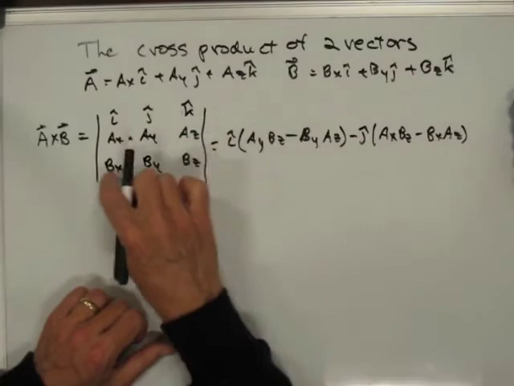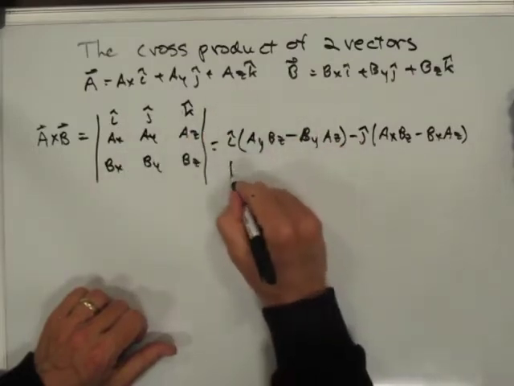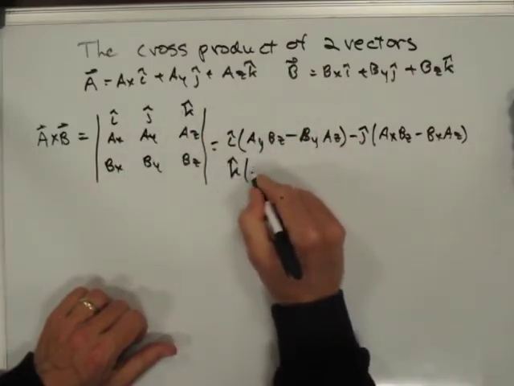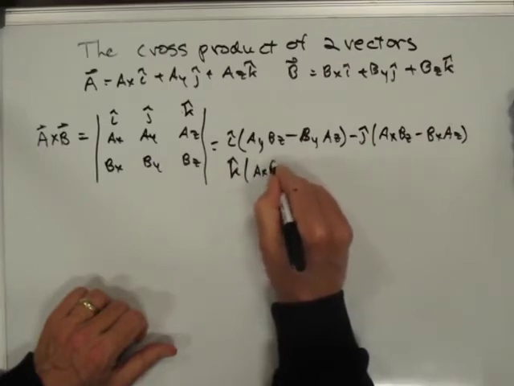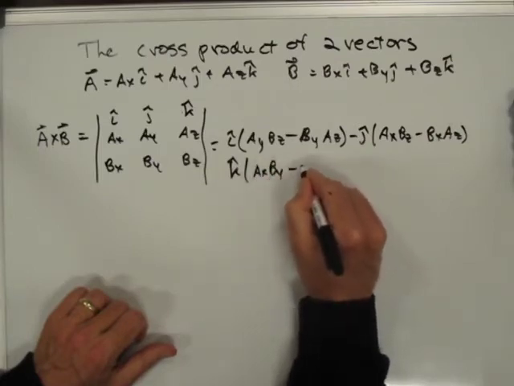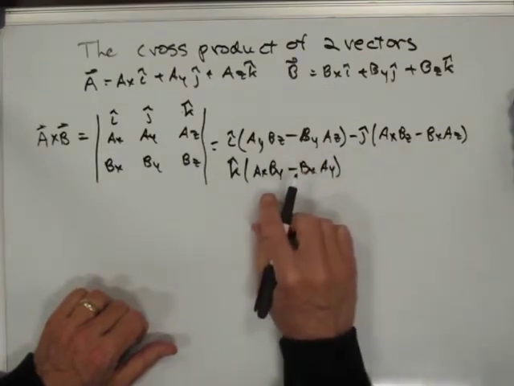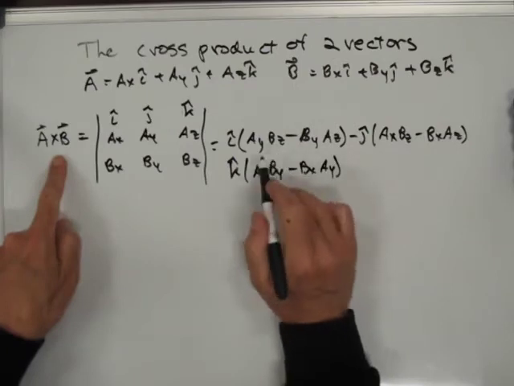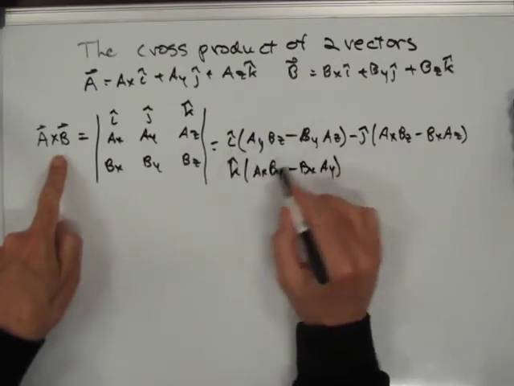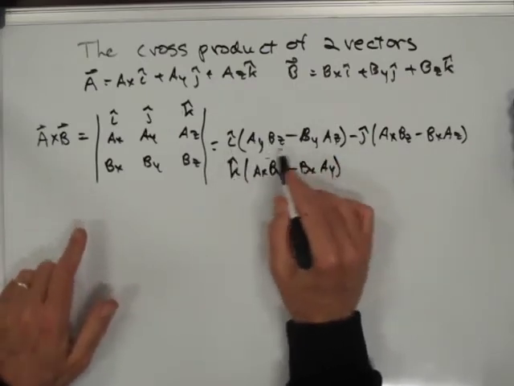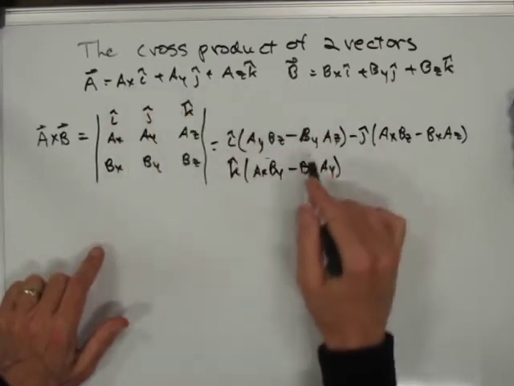That times that minus that times that, except with a minus sign, and then back to the plus sign, k hat times ax by minus bx ay. And that's the cross product. Notice it's a vector. It's i hat minus j hat plus k hat, each time some combination of the coefficients in these guys.